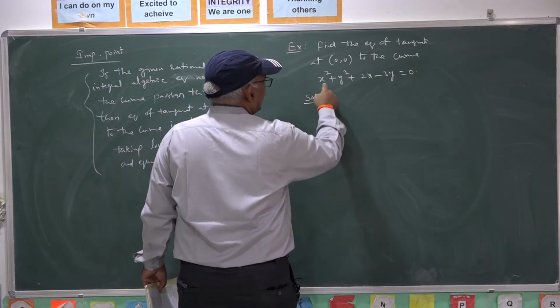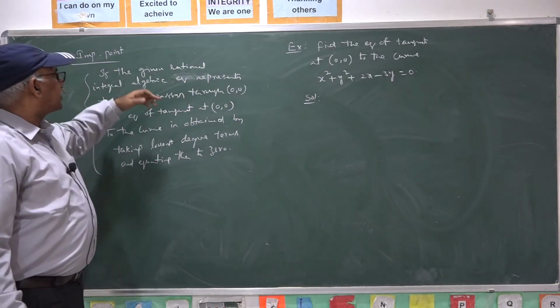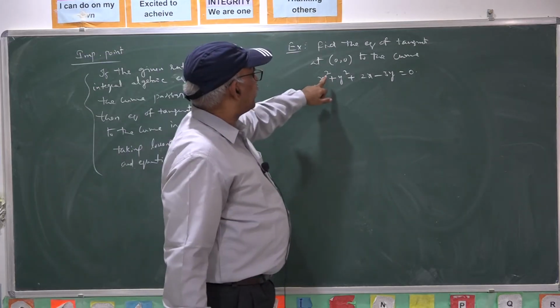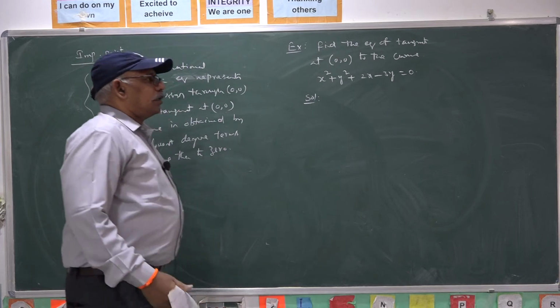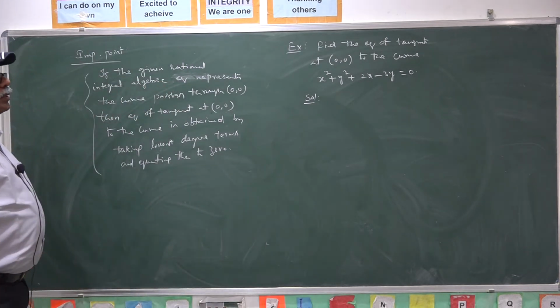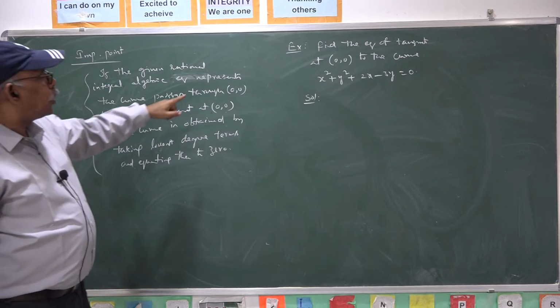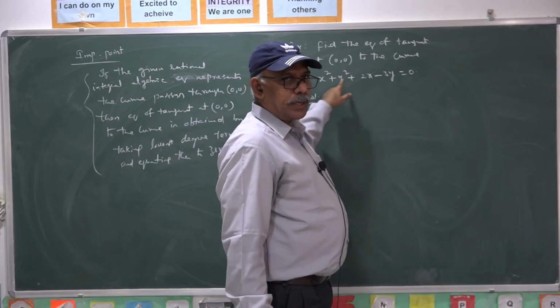This is clearly a rational integral algebraic function. Rational integral algebraic function means the powers must be positive integers. It is an algebraic function which passes through origin, that should be satisfied by x equal to 0, y equal to 0.